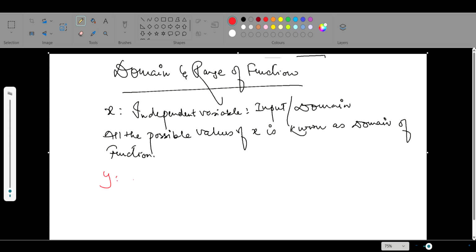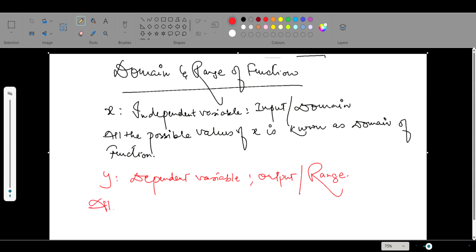Whereas on the other hand, y is known as our dependent variable, which we also call the output of the function. This is going to be our range.